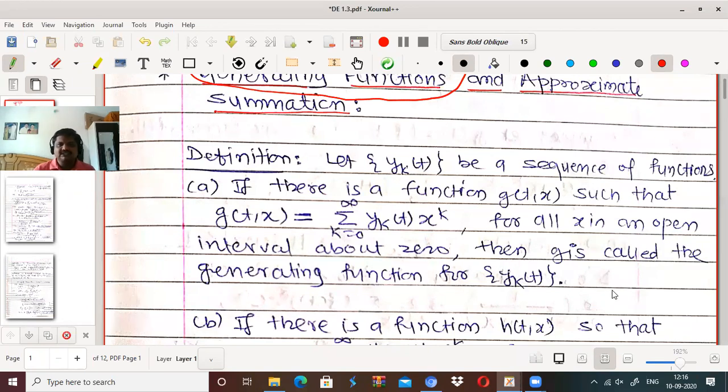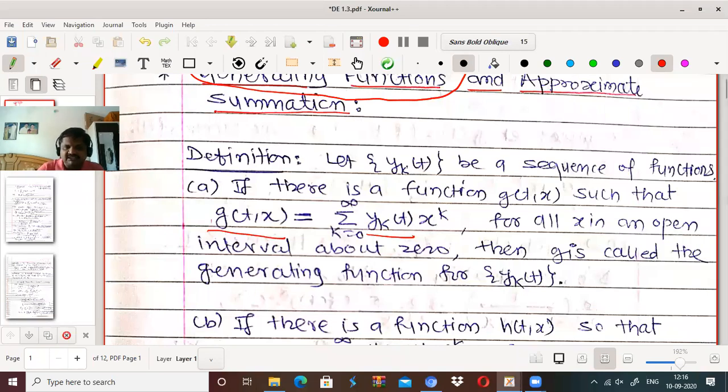So what is the concept of generating function? This function g(t,x) is said to be the generating function for y_k(t) if it can be expressed as the power series, that is, the sum from k equal to 0 to infinity of y_k(t) into x to the power k. These y_k(t) become coefficients of a power series in x about the origin.